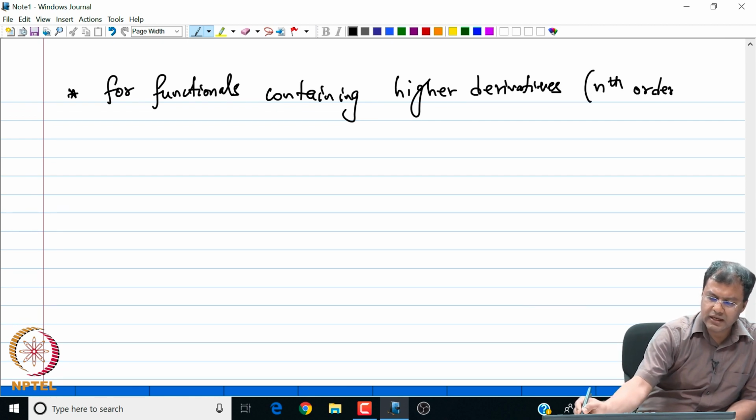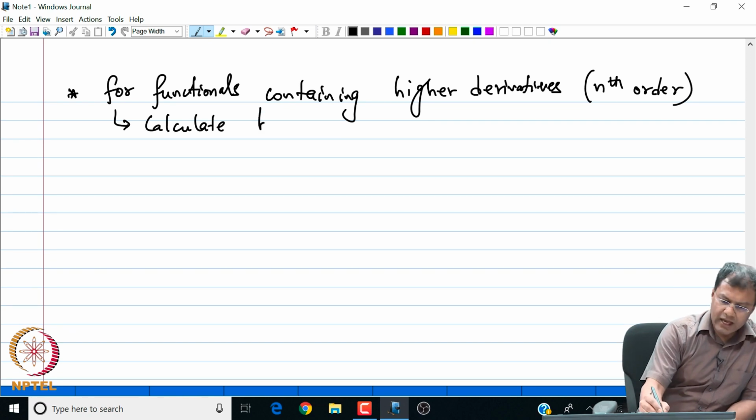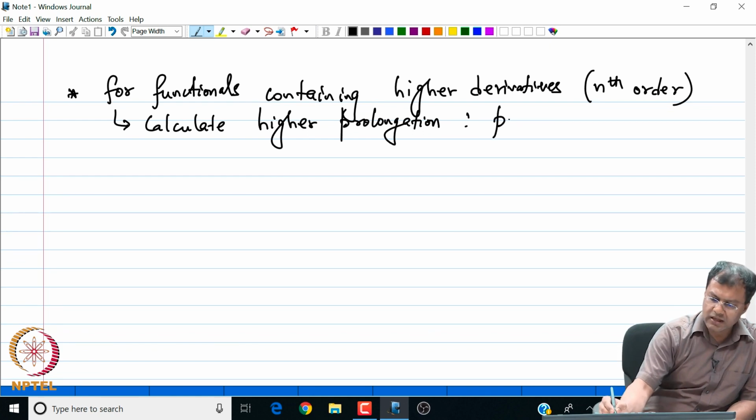For functionals containing higher derivatives, let us say up to nth order, right, we calculate the higher prolongation. We call this PRN of VL.